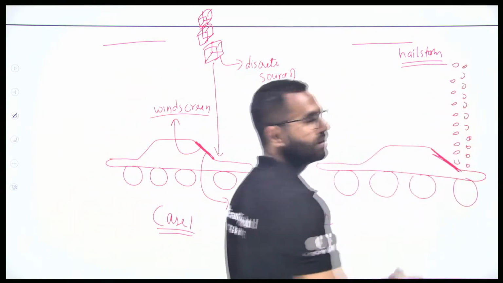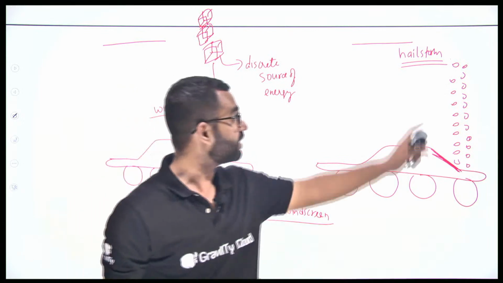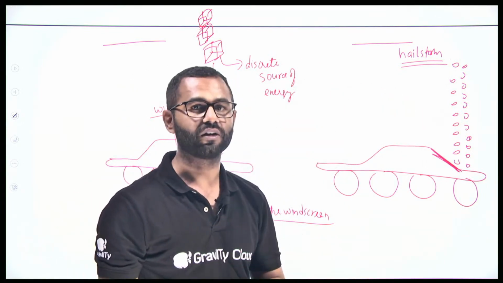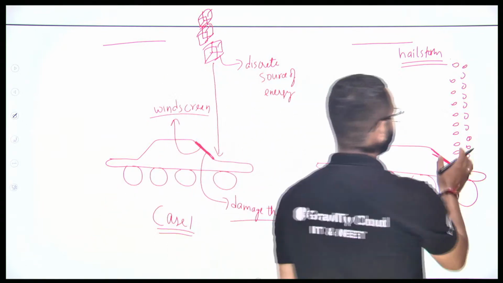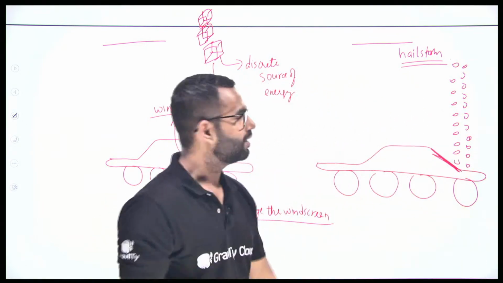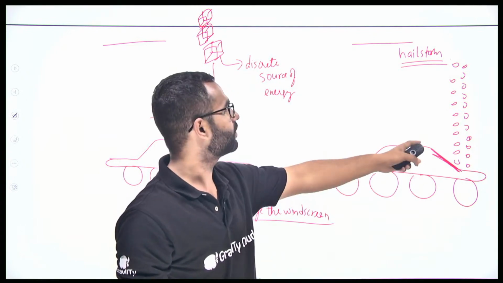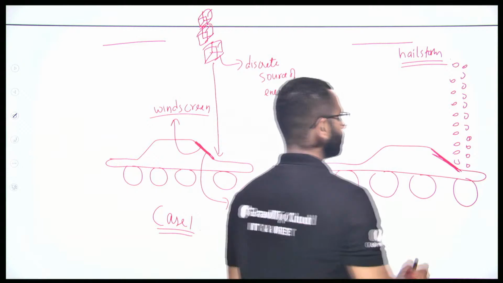They come continuously, just like the rain comes down, these ice spheres also come down continuously, right? So in 1 second, you can say 5, 10 hails are hitting the screen.